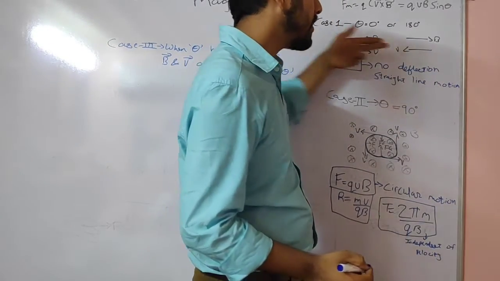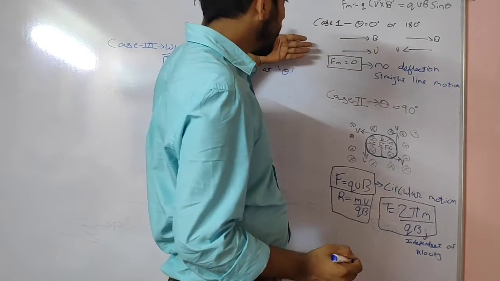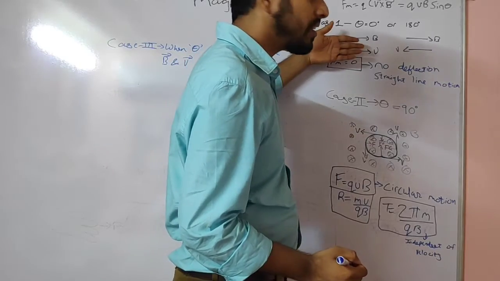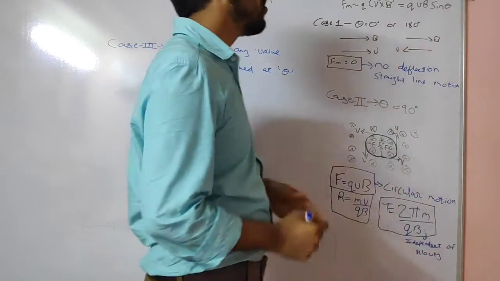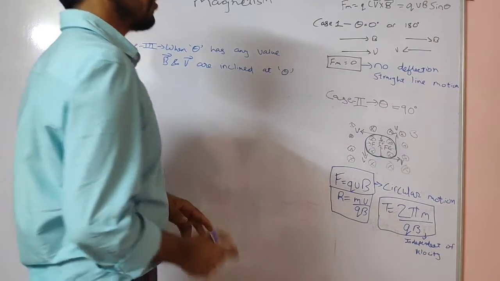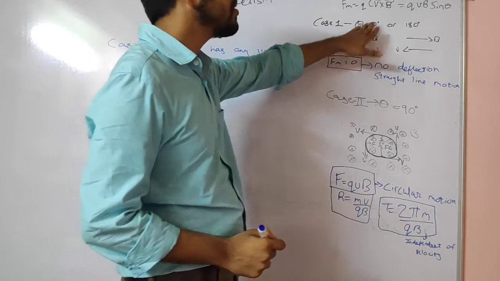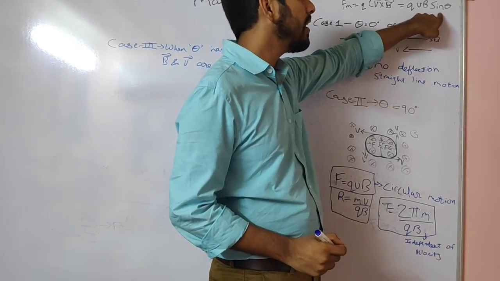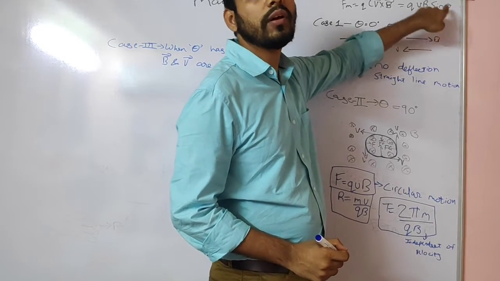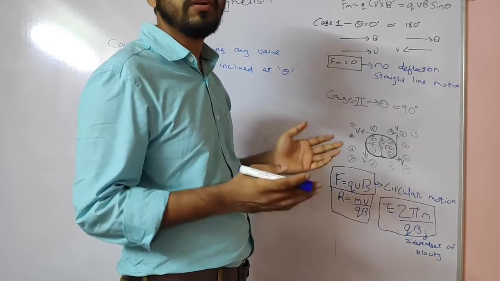If an object is entering from this side, it will keep on moving in the same path, because sine 0 is 0 and sine 180 is also 0, so force is equal to 0, which means no deflection.